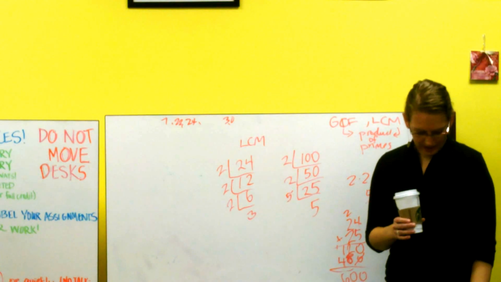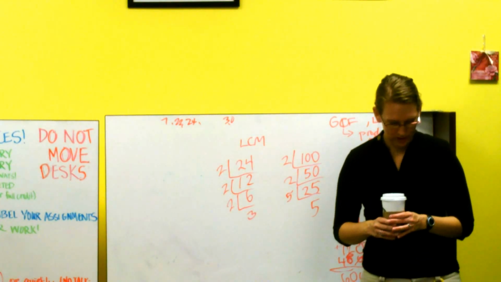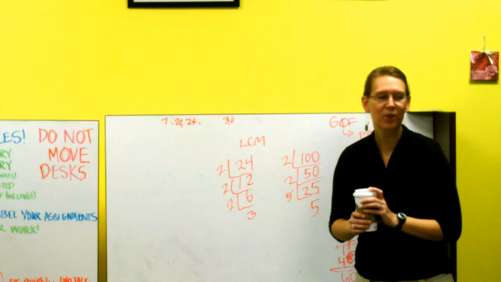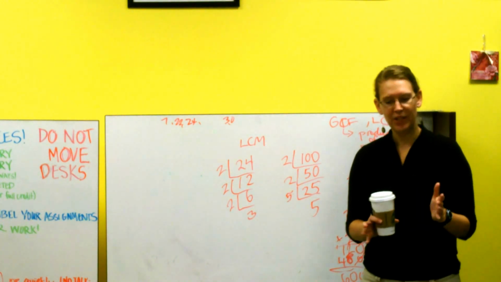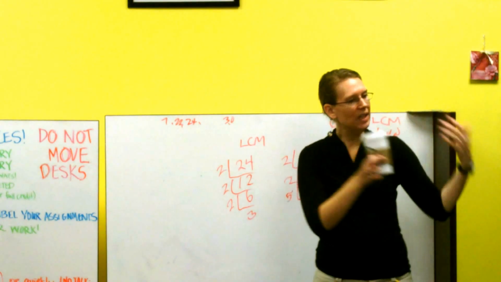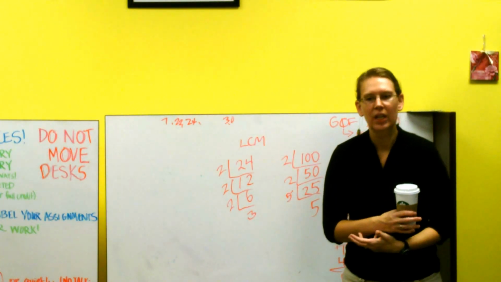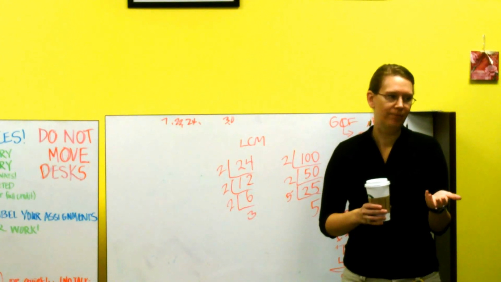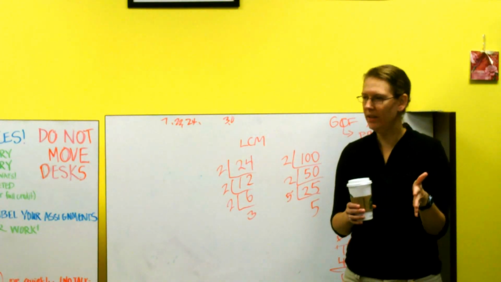All right. The last piece to this is our range. What is a range? The difference between your greatest number and your least number. So if you think about the range in ages at Bright Futures, how old is our youngest student? 10 or 11? 11.